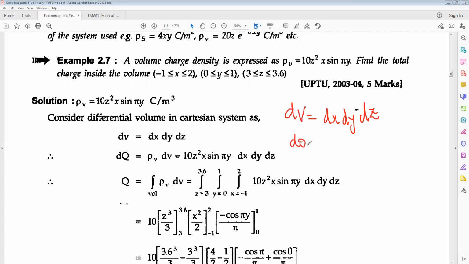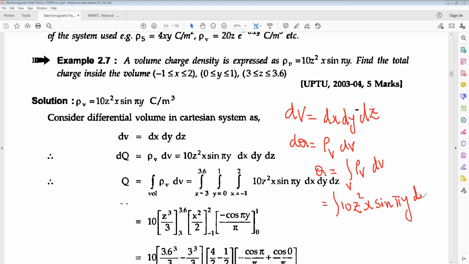And the relation between the charge and rho v into dv: q is equal to the volume integral of rho v into dv, and rho v is given as 10z square x sine pi y, and dv is nothing but dx, dy, dz.